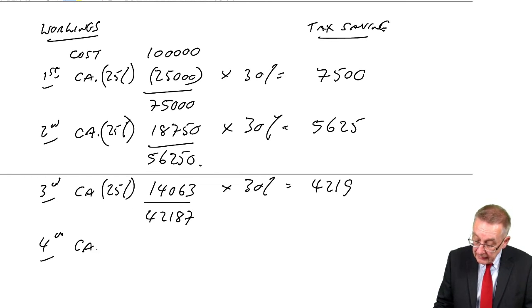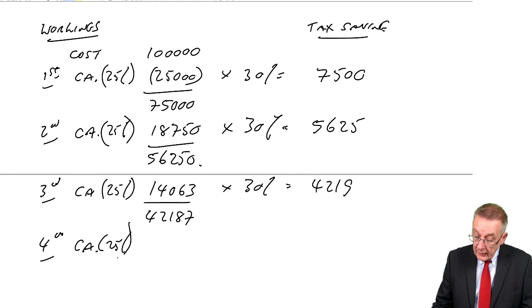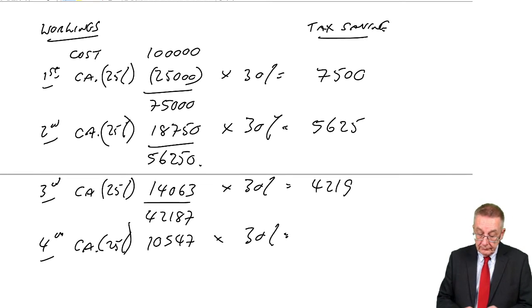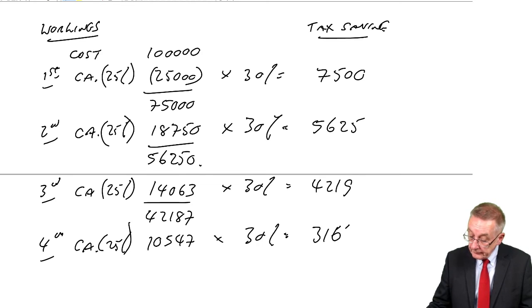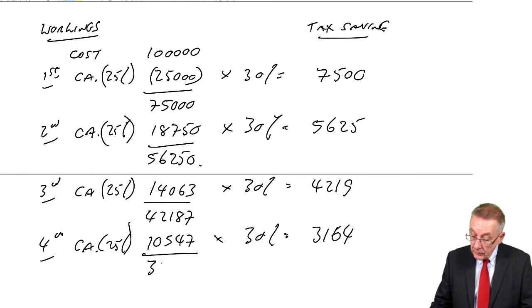The 4th year, the allowance is 10,547. The saving, therefore, 3,164. So the tax value comes down to 31,640.